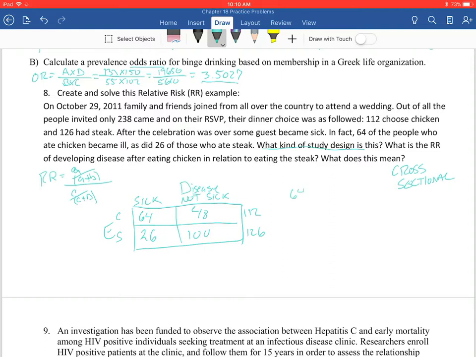So carrying on our relative risk example, you're going to take 64 over 112, right? Because if this is A and B, this is your A plus B, and the same thing, this is your C and D, so this is C plus D here.